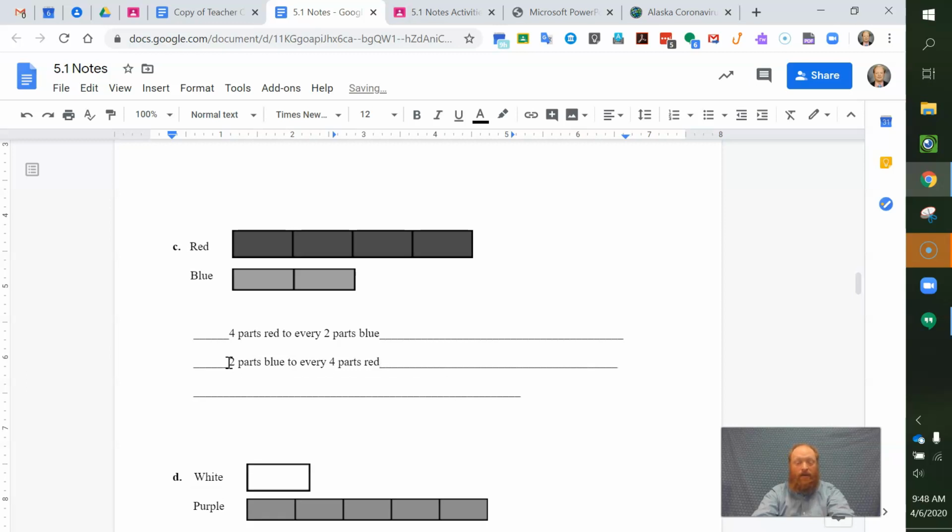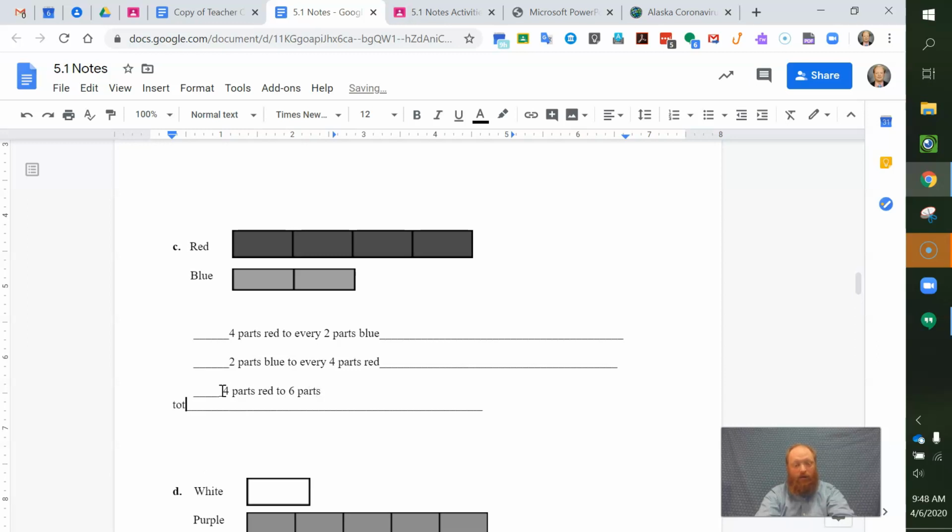Delete, and then we'll say there are 4 parts red to 6 parts total, and 2 parts blue to 6 parts total.